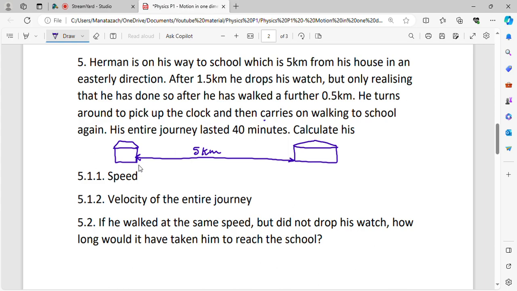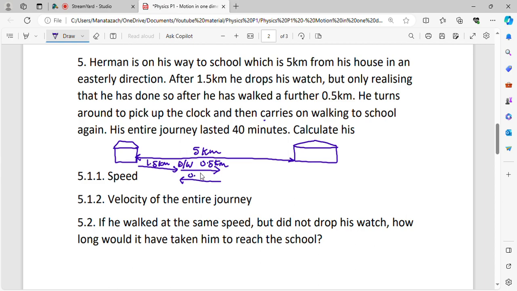So he started from his home, walking 1.5 kilometers, and then he dropped his watch. Let's call it DW for dropping the watch. He didn't realize that, therefore continued to walk 0.5 kilometers before realizing that he has dropped the watch. Then he turned back for picking up the watch.